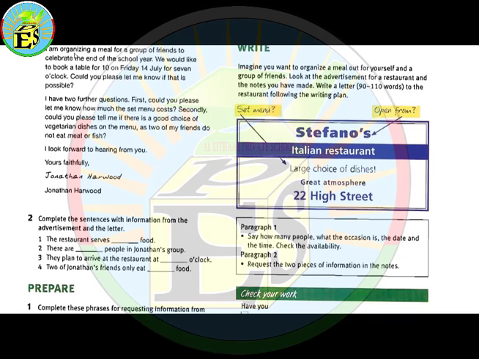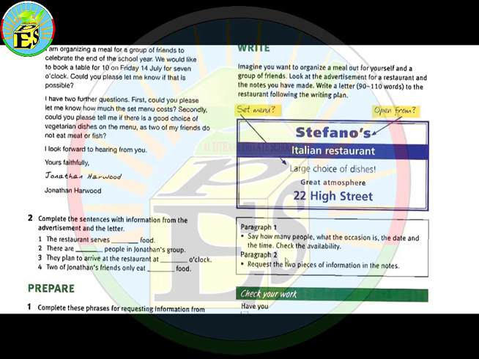The occasion in the letter that we read, it's written here, is I'm organizing a meal for a group of friends to celebrate the end of the school year. So this is the event. It's a celebration of the end of the school year. So you have to write the event that you want to celebrate in that restaurant, and then the date and time.